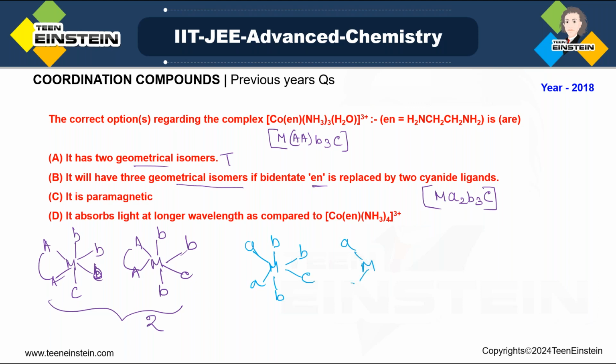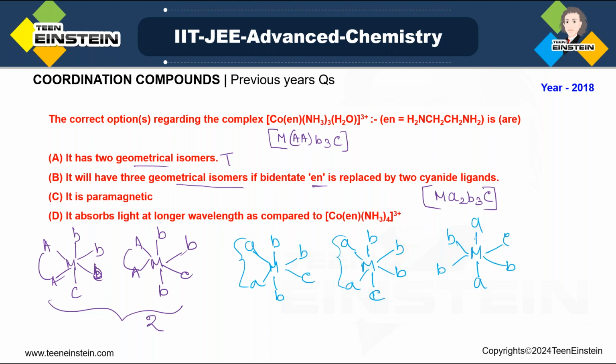Then for another possibility, I am fixing the position of AA again, but changing the position of B and C. Suppose C is now here. So this is another possibility. You just have to fix one part, then you can change the rest. Now we will change the position of the 2 A. Now they are trans to each other, and under this condition, you will always have one possibility.